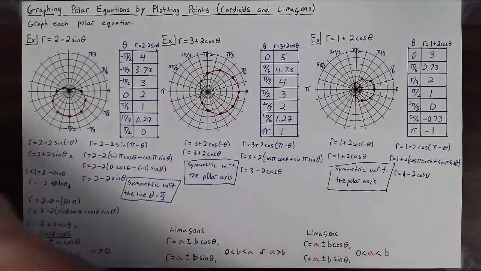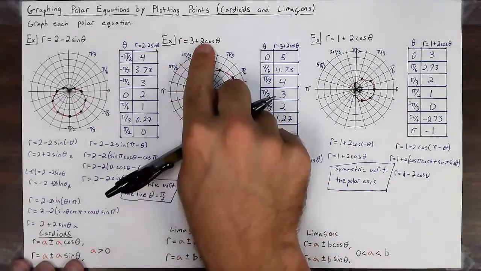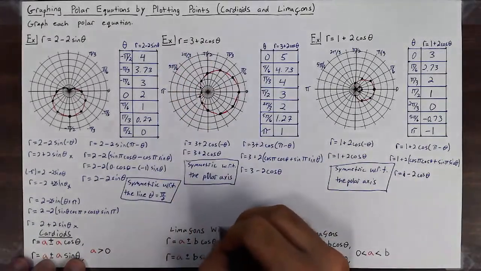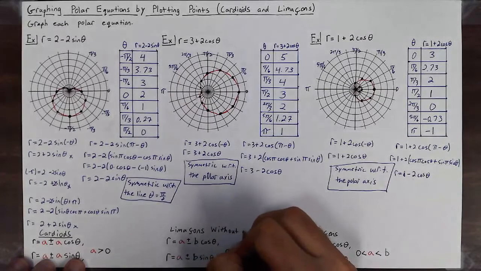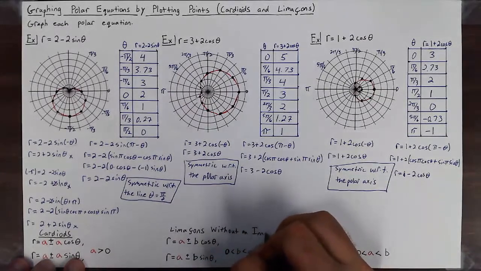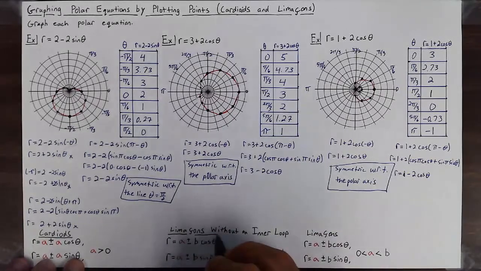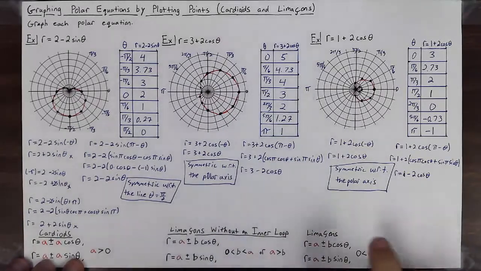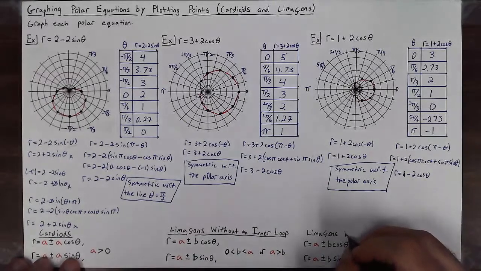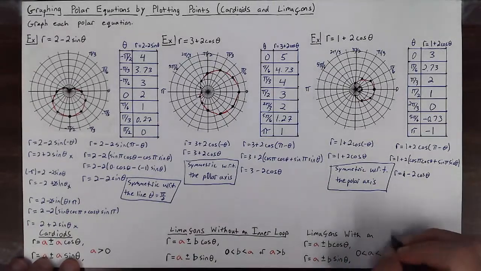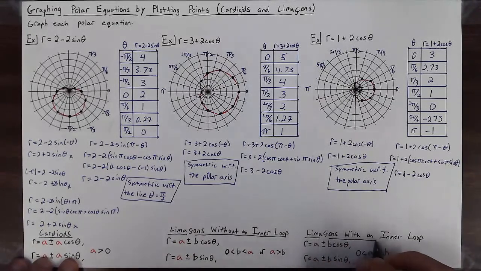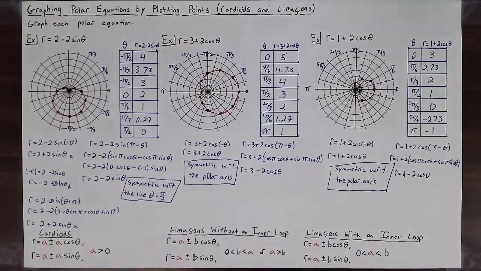So you have, if A is bigger than B, it is without an inner loop. But when A is less than B, it is with an inner loop. And that is how you graph polar equations by plotting points.